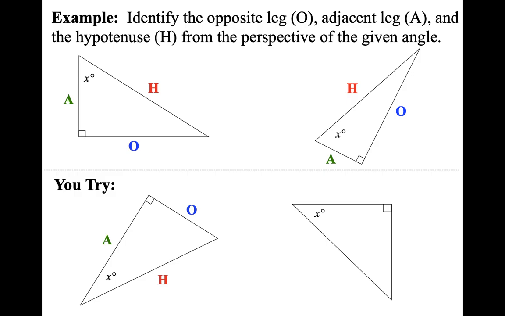For our last triangle, again, the two legs make up the right angle and the hypotenuse is opposite the right angle. We're focusing on our reference angle x, and so we go across the triangle for opposite, we go next to x for adjacent leg, and we go across the 90-degree angle for the hypotenuse.